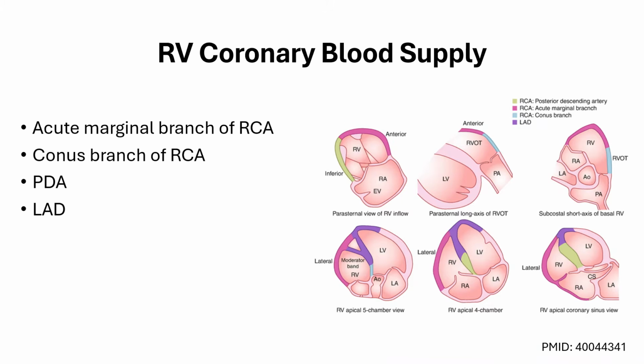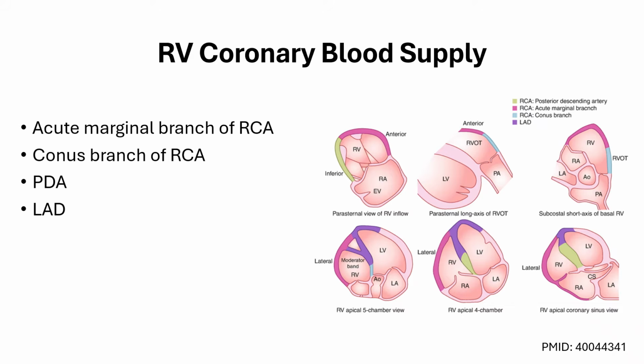It is very important for us to understand right ventricular coronary blood supply, which is typically supplied by several branches of the right coronary artery, such as acute marginal branch, conus branch, and PDA when it stems from the RCA, like in the majority of the population.